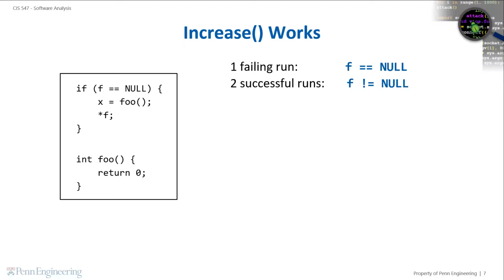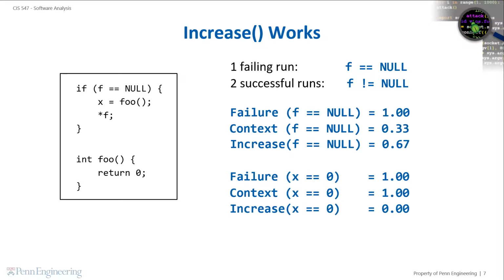Now, assuming one failing run where f equals null was observed to be true, and two successful runs where f equals null was observed to be false, we can compute Context of f equals null to be a third, or 0.33, which means that Increase of f equals null will be 2/3, or 0.67.